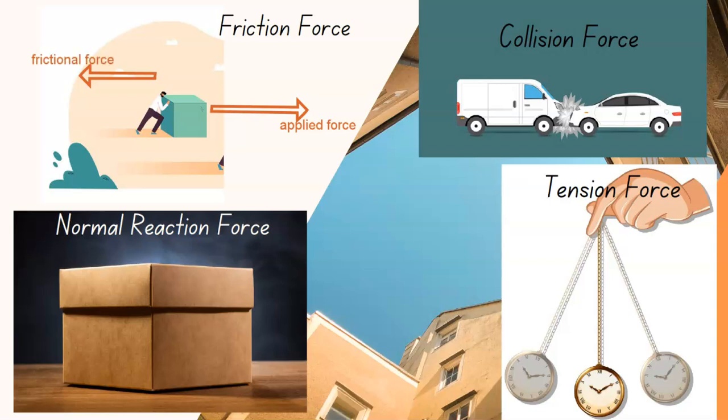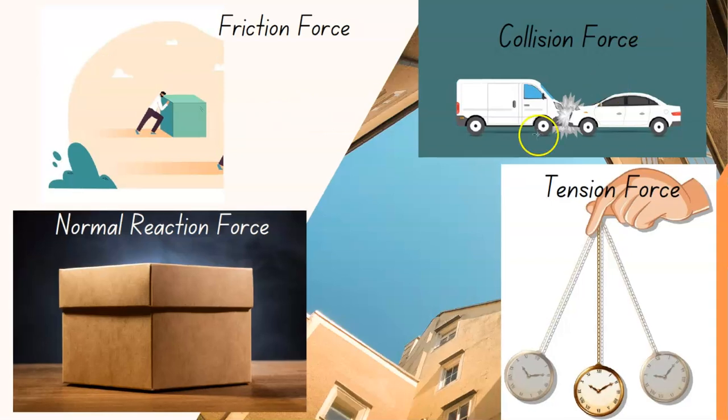And if the box is not moving, that means both the forces are balancing each other. Remember, an object does not move if both the forces are balancing. But if the applied force is more, the box will start moving towards the right hand side. So this is a contact force. Frictional force is a contact force.